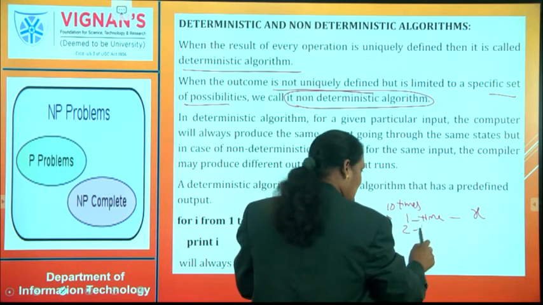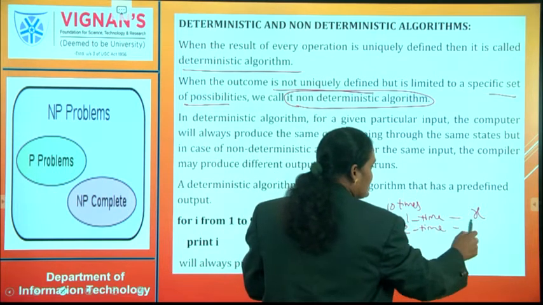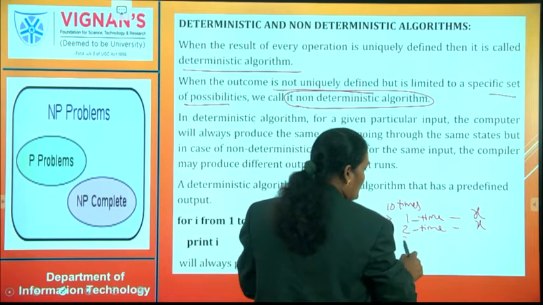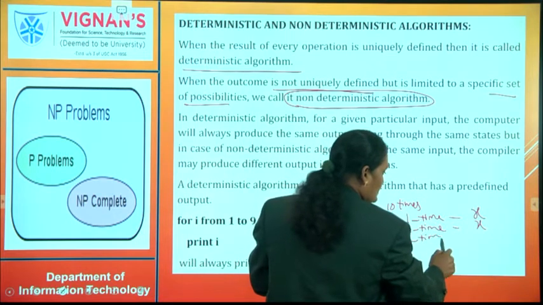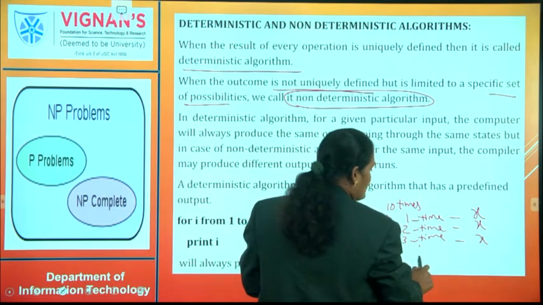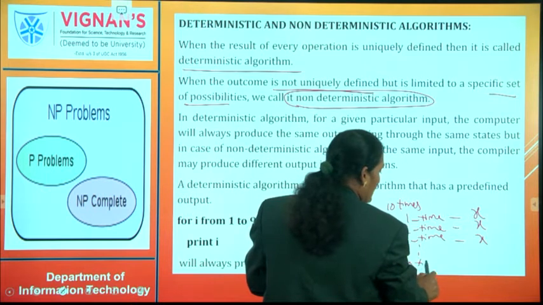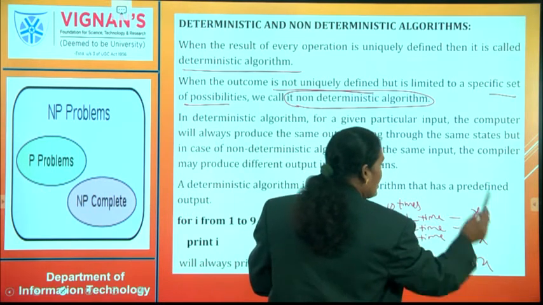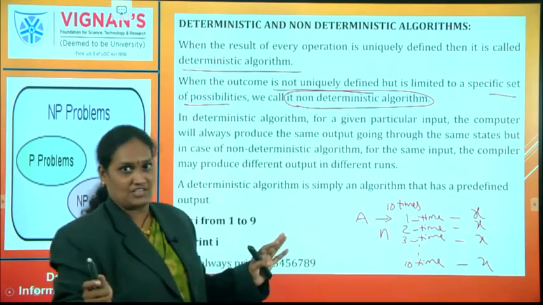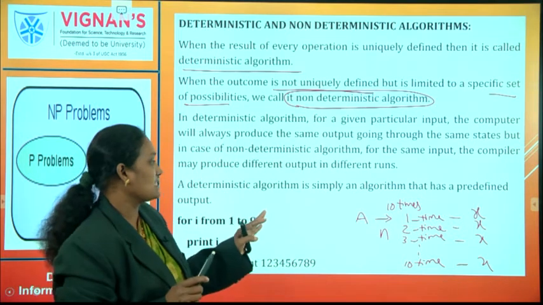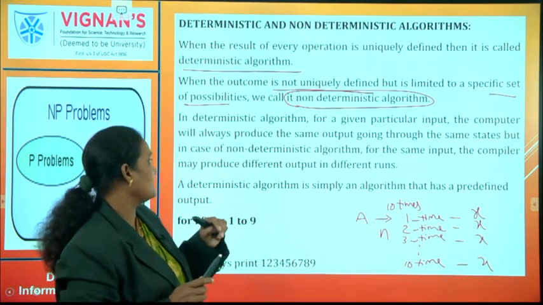The second time, with the same input, it produces the same output. The third time also, the same output, and so on. The 10th time also, it produces the same output. The output will not change. Those types of algorithms are called deterministic algorithms.